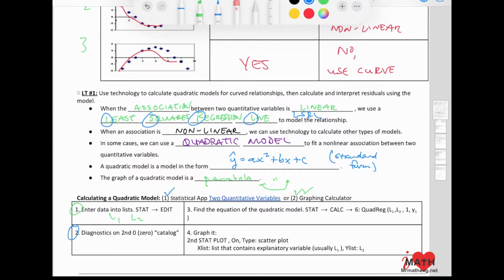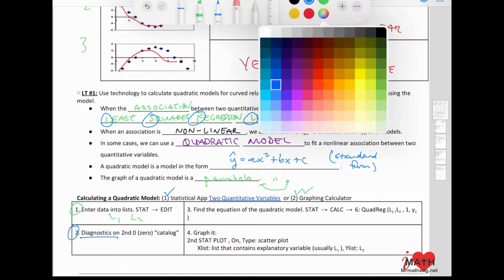Number 2, make sure to turn your diagnostics on by pressing second and then 0, and in your catalog, look for the words DiagnosticOn. It's alphabetical.